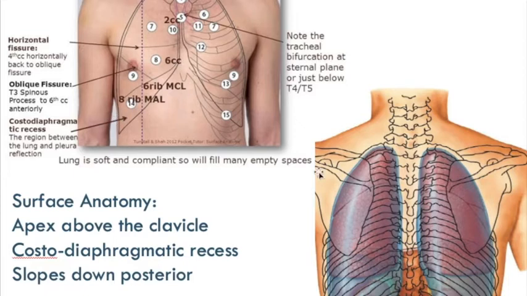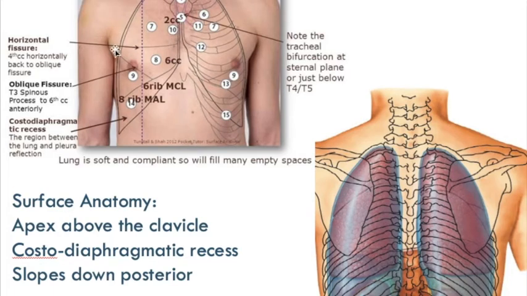Remember, all the other costal cartilages meet up with the sixth costal cartilage. So it's only rib 2, 3, 4, and 5 that have their individual cartilages meeting the sternum.